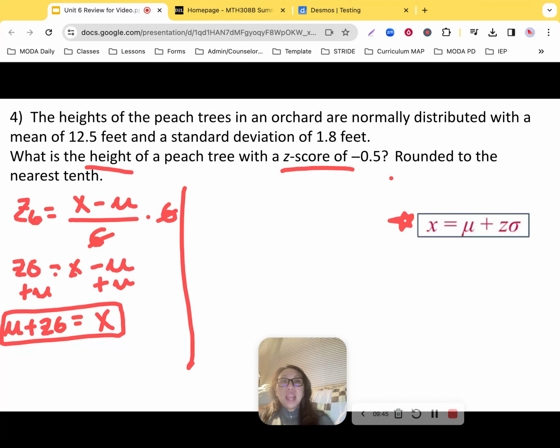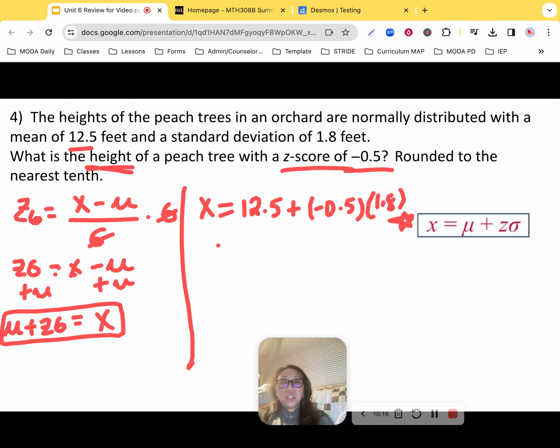So given that the z-score is negative 0.5, and we're looking for the raw height of the peach tree, x is equal to the mean, which here is 12.5, plus the z-score, which is negative 0.5, times the standard deviation of 1.8.